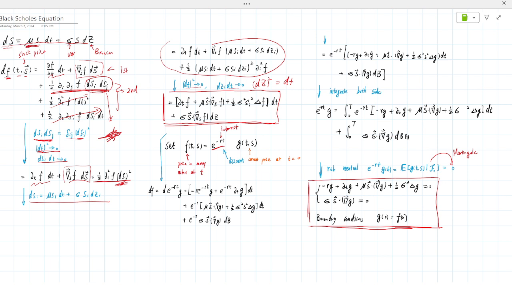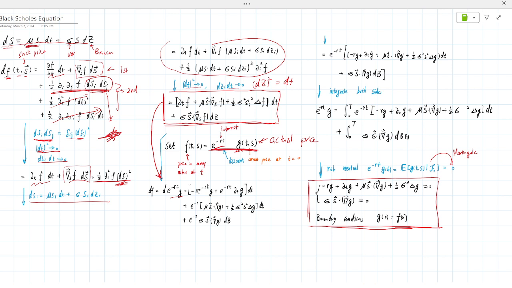Ultimately we need the interest on g, because g is the actual price we see in the stock market, for instance. Then we plug this expression for f into this differential equation. We have this.